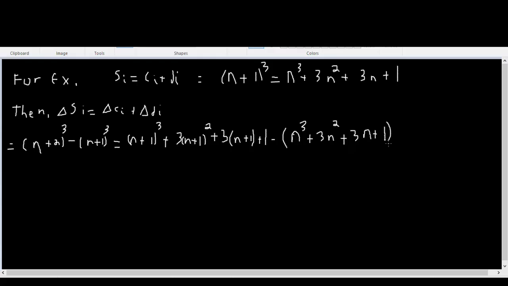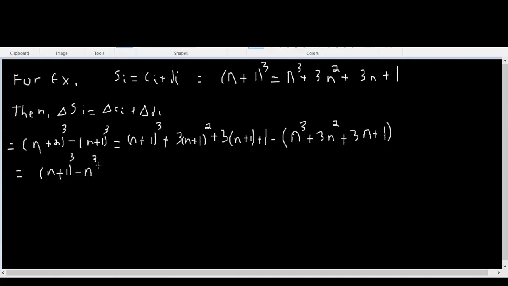And the difference of c sub i plus the difference of d sub i equals n plus 1 cubed plus 3 times n plus 1 squared plus 3 times n plus 1 plus 1.